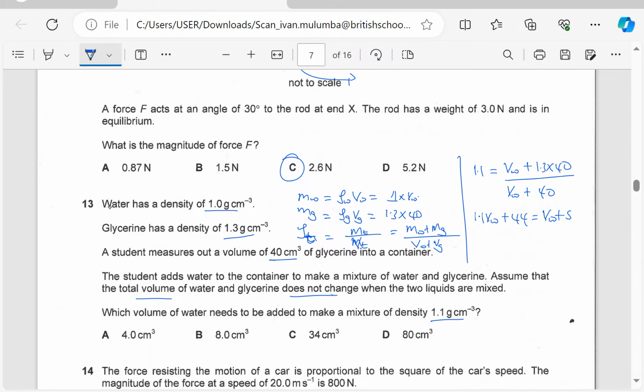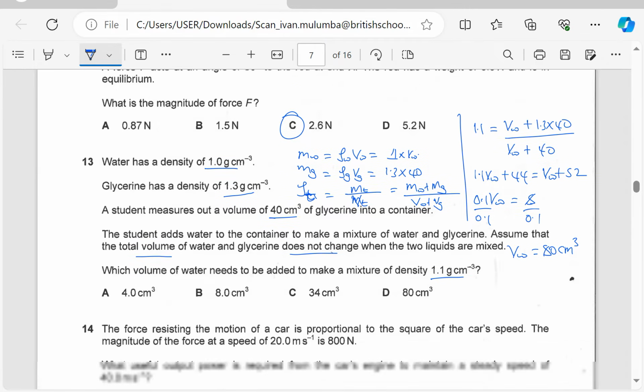So this is plus 52. Collecting like terms, 1.1 minus 1 will be 0.1 VW. 52 minus 44, I think this would be 8. Then dividing by 0.1, VW is equal to 80 centimeters cubed. So the answer is D.